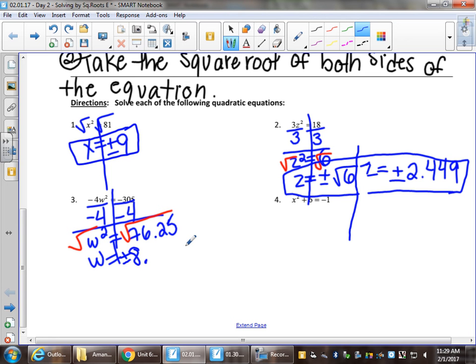We're doing the square root of 76.25 right now. Okay, what did we get? 8.732. Raise your hand if you got that answer. Good.